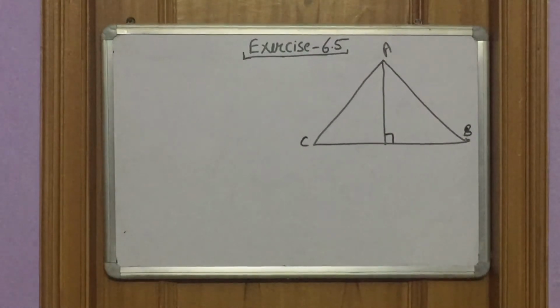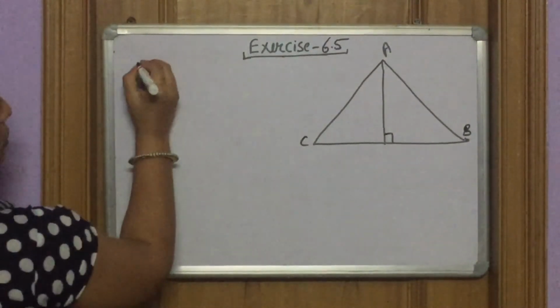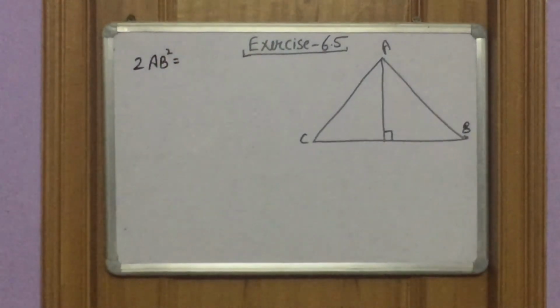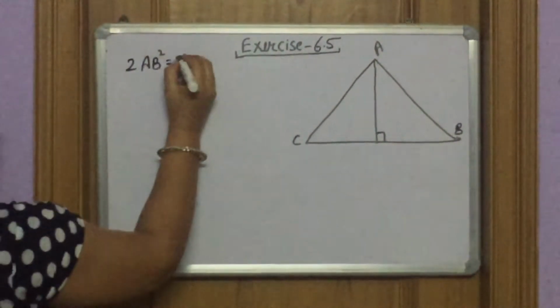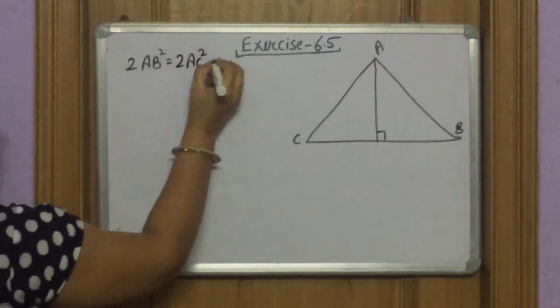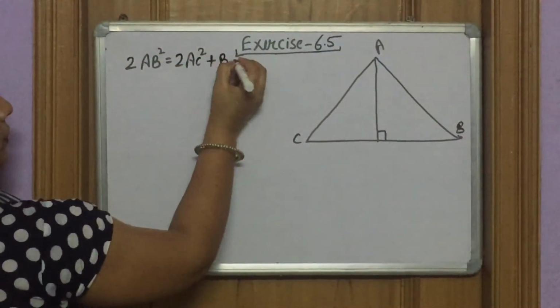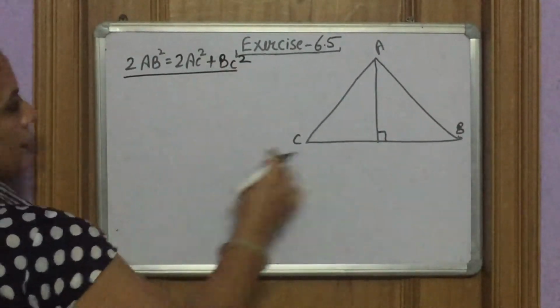Next, we have to show 2AB square is equal to 2AC square plus BC square. We have to prove this statement.